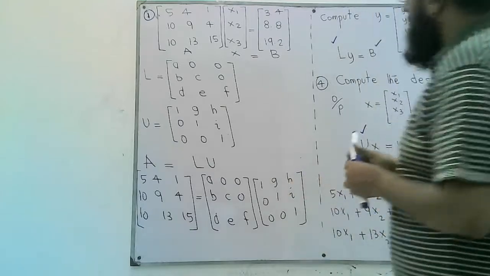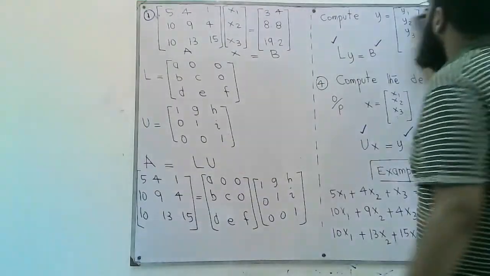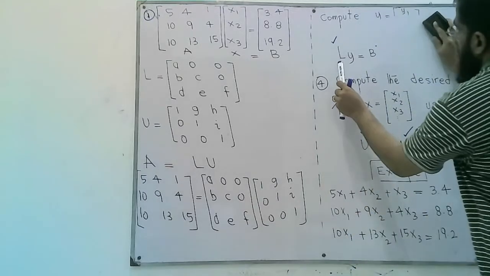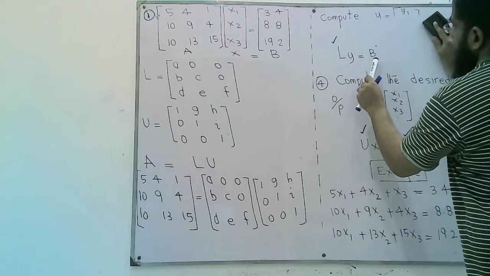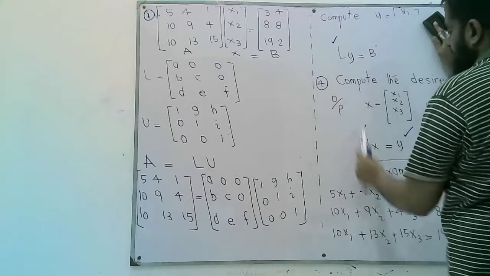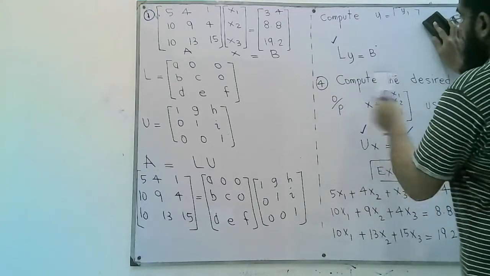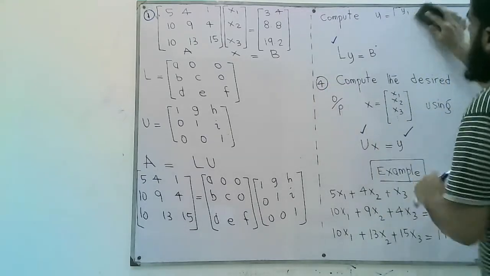So if you multiply these two matrices, you have to just remember this: we have to perform Ly equal to B, step number 3 of this procedure, and Ux equal to y. You can write these steps down because I'm going to erase it.